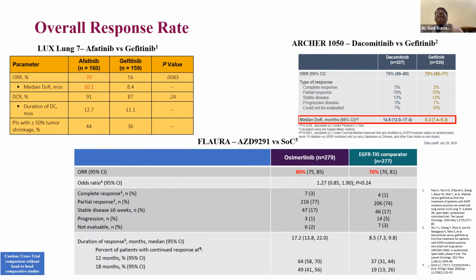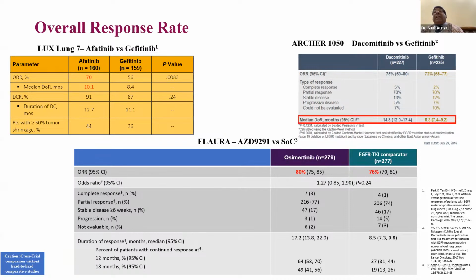Now I would like to highlight the overall response rate. If you compare LUX-Lung 7, I'm highlighting this, you can see afatinib versus gefitinib. Overall response rate 70% as compared to gefitinib 56%. Significant p-value 0.0083. Median duration of response 10.1 months versus 8.4 months.